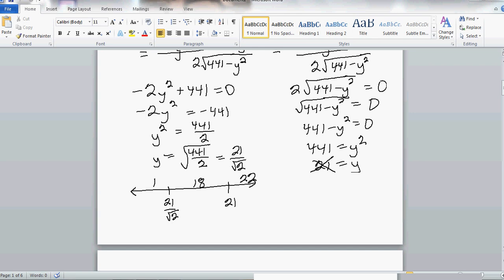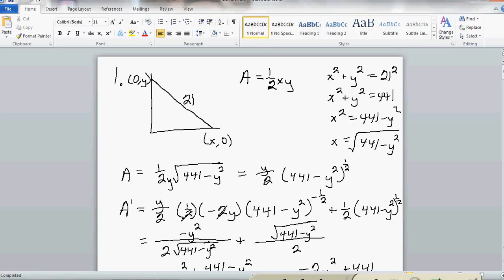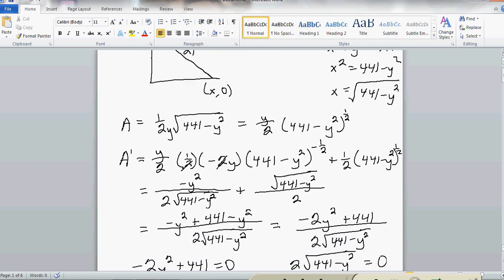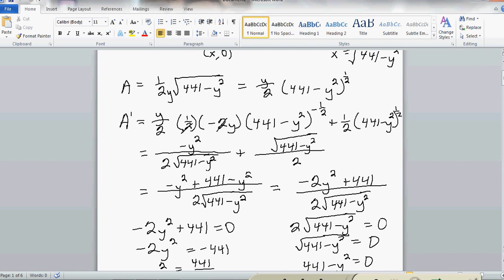if I plug in 1, I'll get a positive in the denominator, and what do I get? If I plug in 1 here, I'll get negative 2 plus 441, that's positive.